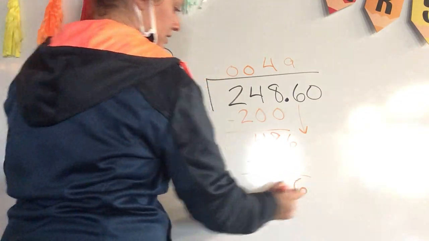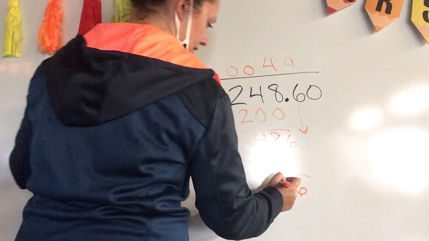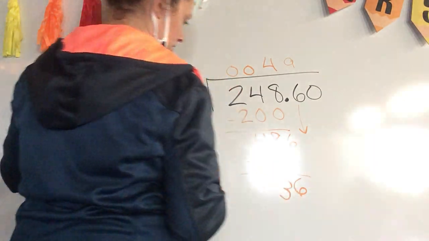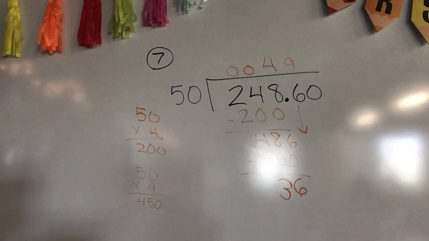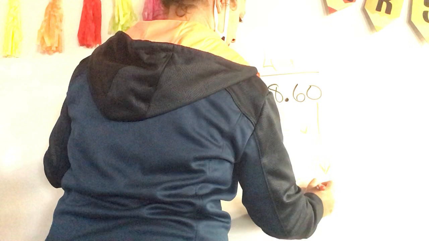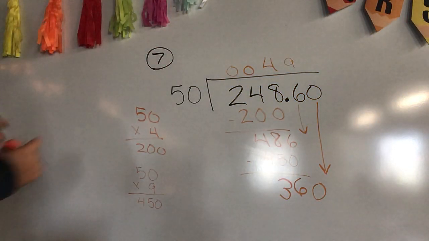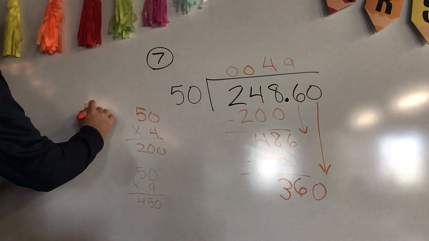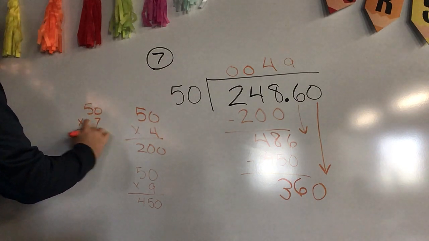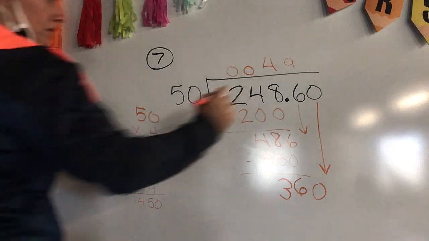I get 36. Okay, big difference there. I had lots of people just say 6. Okay, then what? 350. 7 times 50 is 350. And then you have 10 left over. And then add a 0.